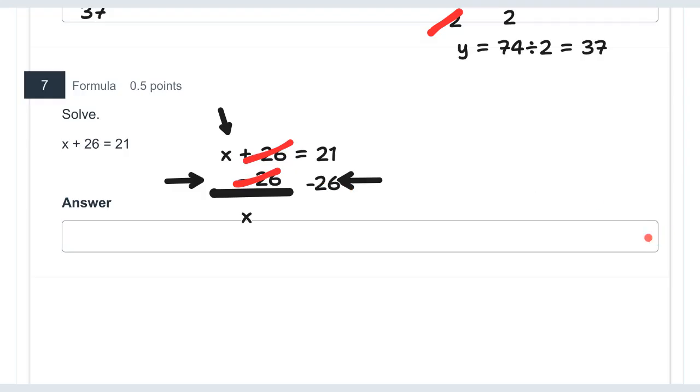Now, 21 minus 26, be careful on your calculator. So if you have $21 in your checking account and you take out 26, that means your balance here is -5. That one's a little tricky because it has a negative sign in it.